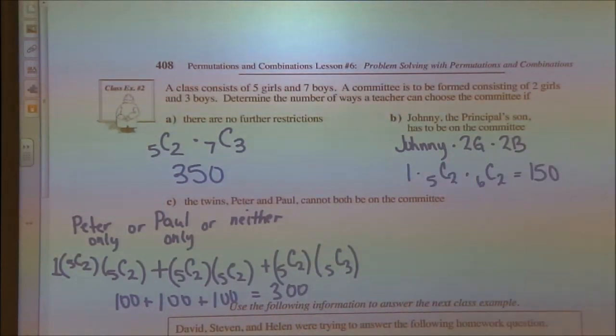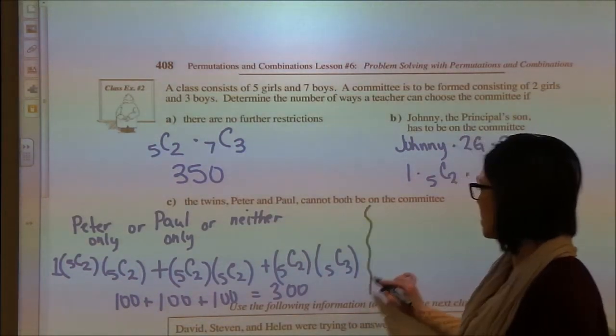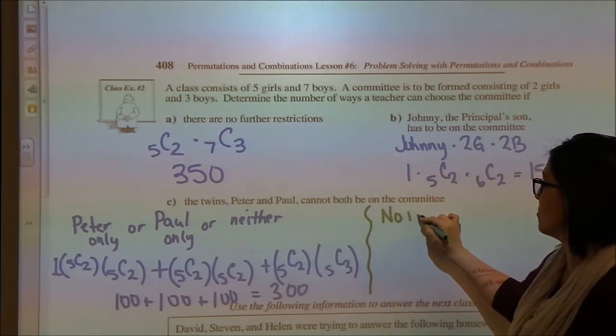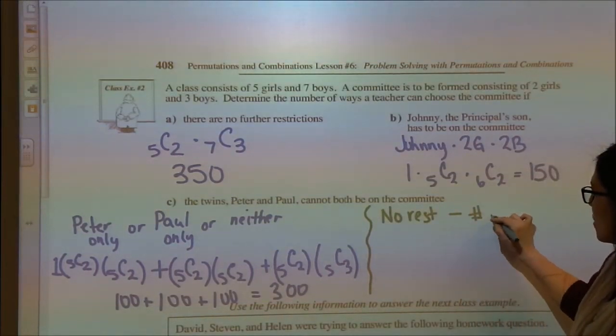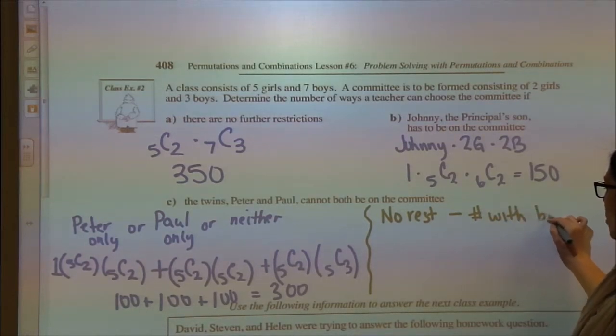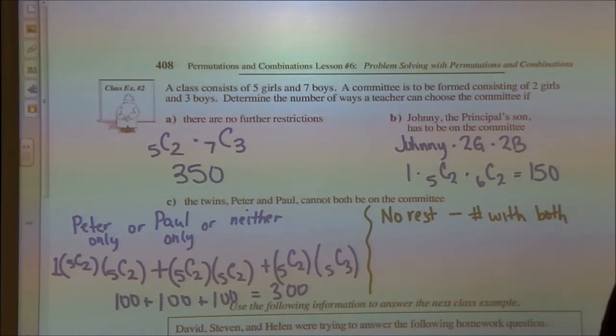I could do this as a complement question as well. What I could look is I could look at the number of committees with no restrictions minus the number with both. How many committees do both of them have to be on?